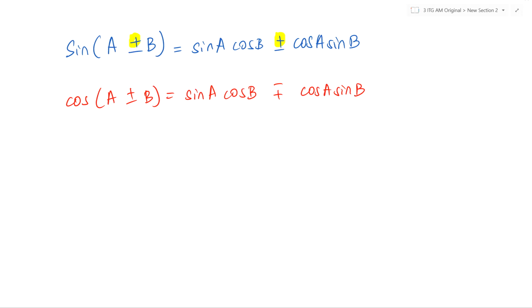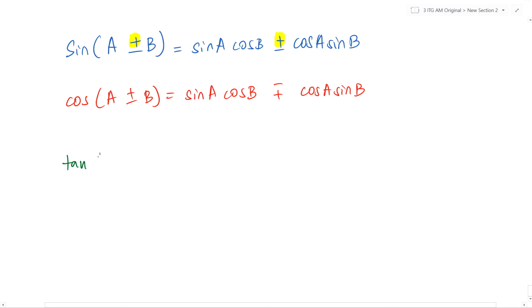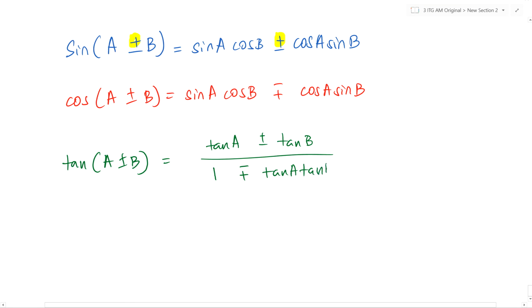There is a change in the sign. And the last one? Tangent A plus minus B is tangent A plus minus tangent B over 1 minus plus tangent A tangent B. These are the three.